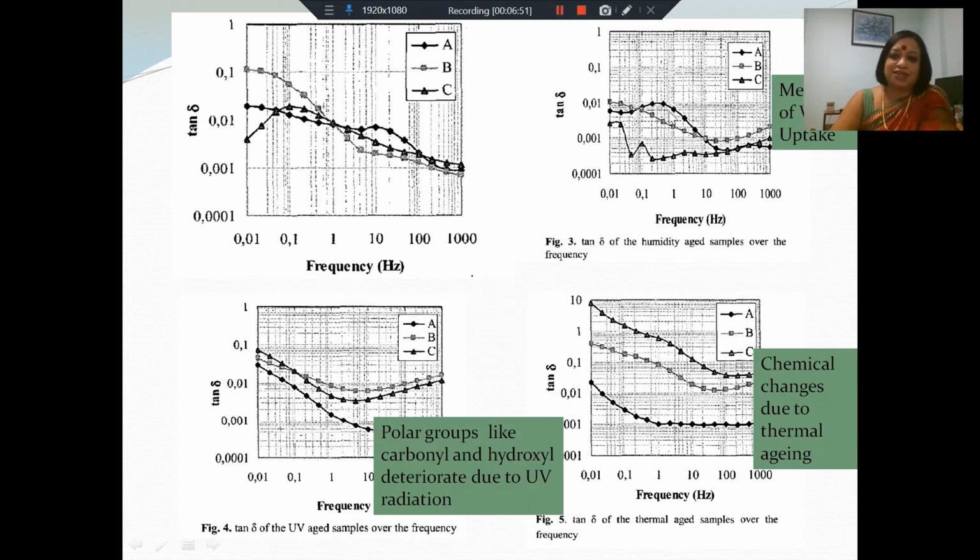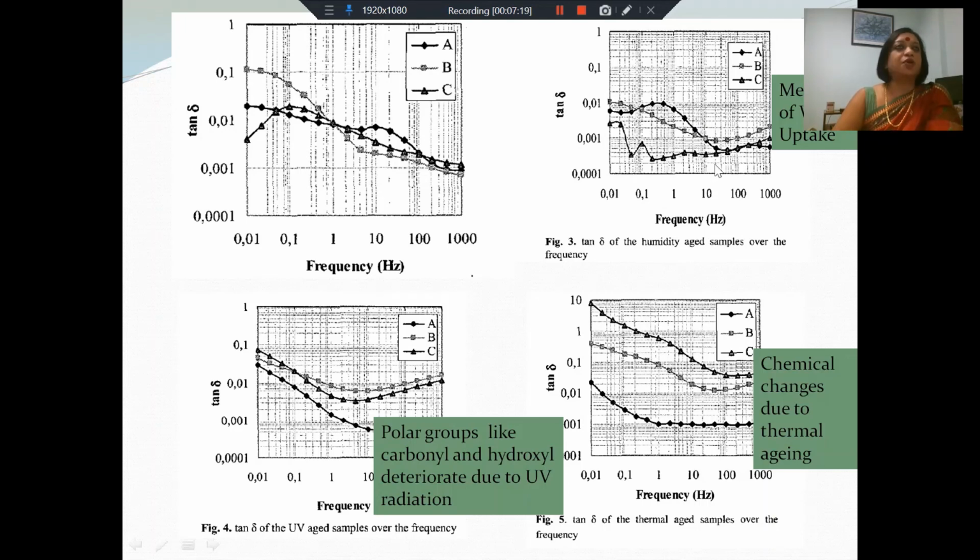As you can see here, this material B shows a high tan delta at these frequencies compared to the material A. So if you are thinking of using this particular material in conditions of high humidity, it might not be a very good idea to choose material B. It might be a better idea to choose material C, which is less affected by humidity.